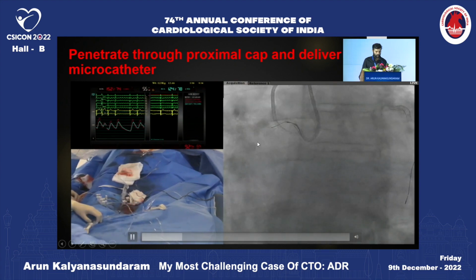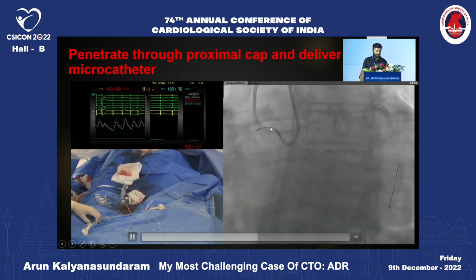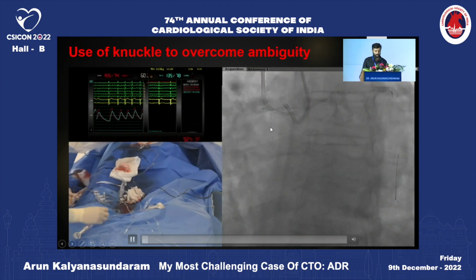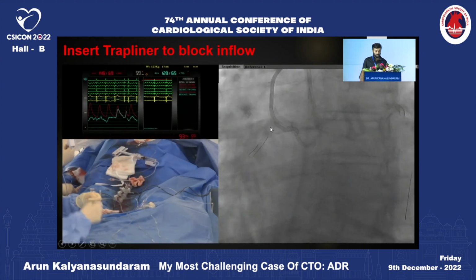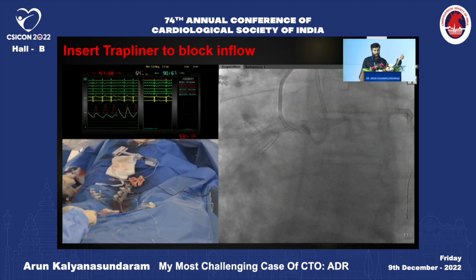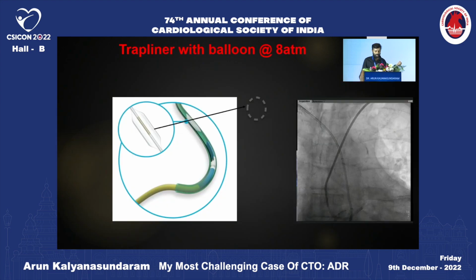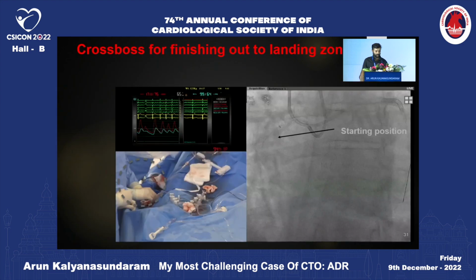And once you're through, what we do is use a microcatheter and a penetrative wire to get into the subintimal space, typically using a knuckle. You can use a Trapliner or a guide extension catheter to prevent the subintimal space from being exposed to the systemic pressure. We still don't have the Trapliner in India, so you could use a guide extension catheter.